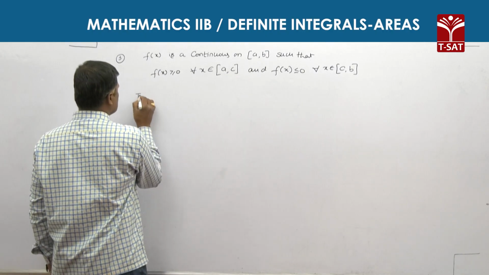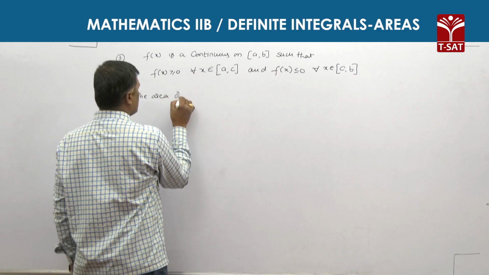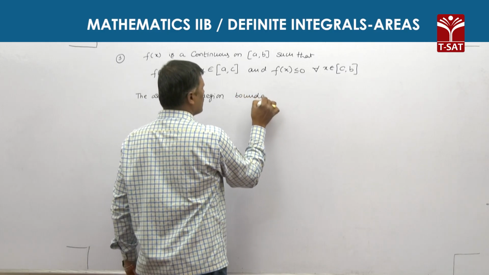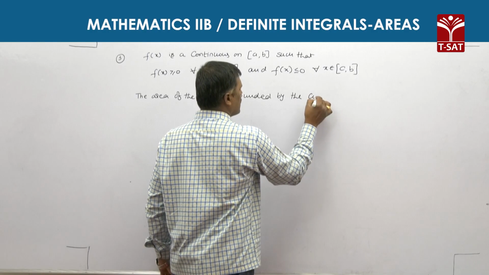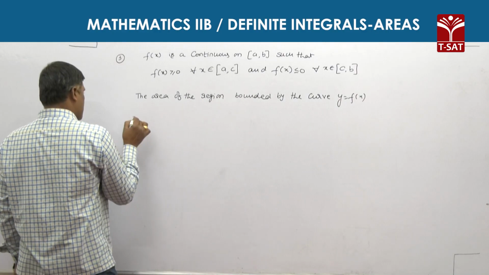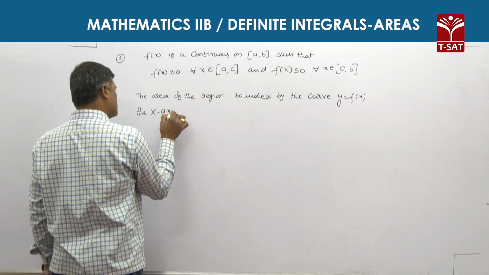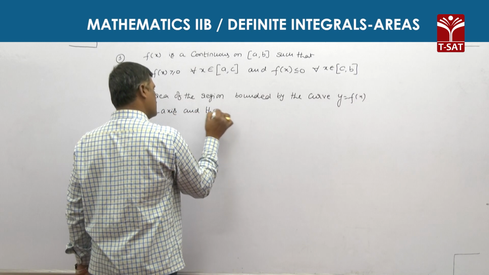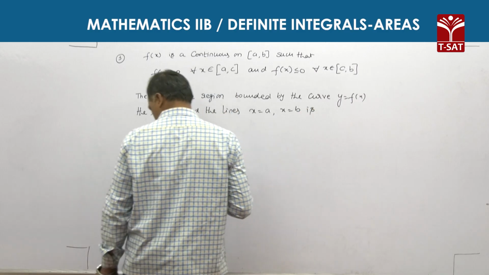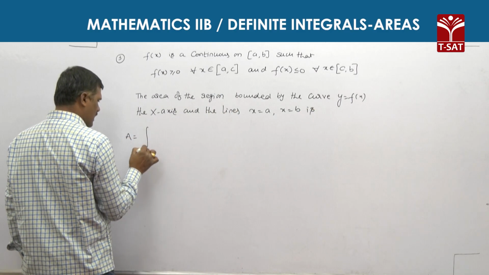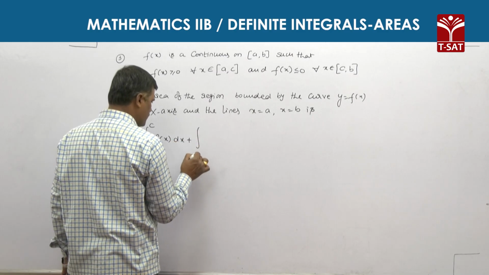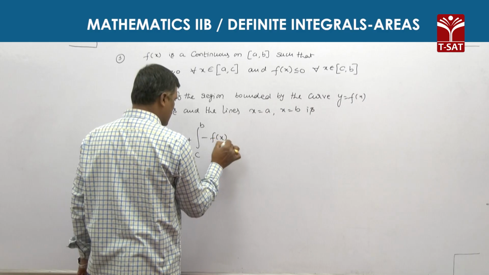Now the area of the region bounded by the curve y equals f of x, the x-axis and the lines x equals a, x equals b is given by A equals integral of a to c f of x dx plus integral of c to b of minus f of x dx.